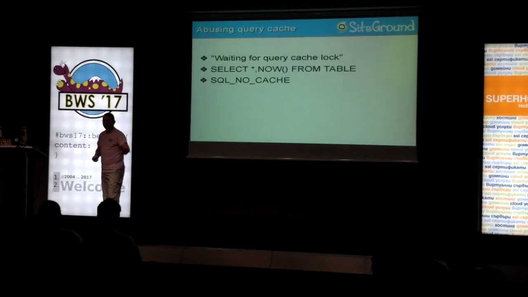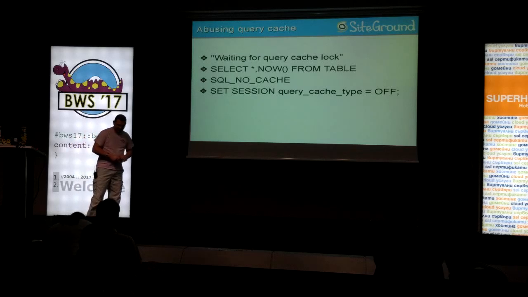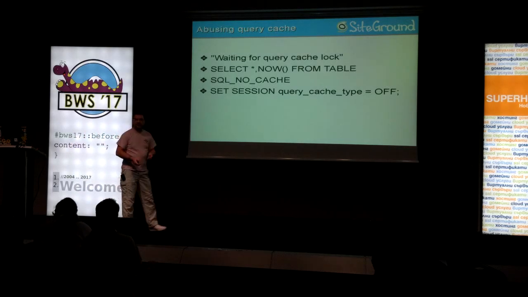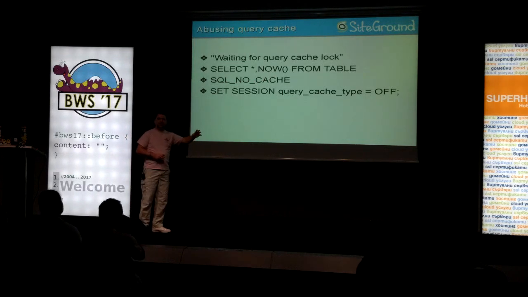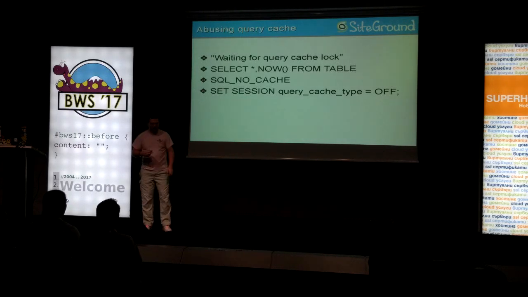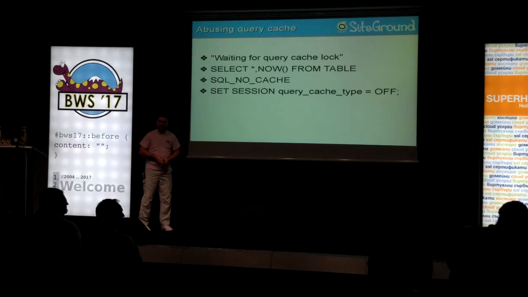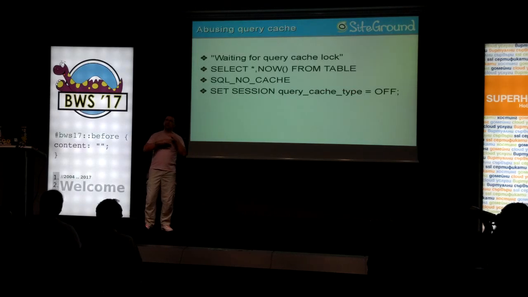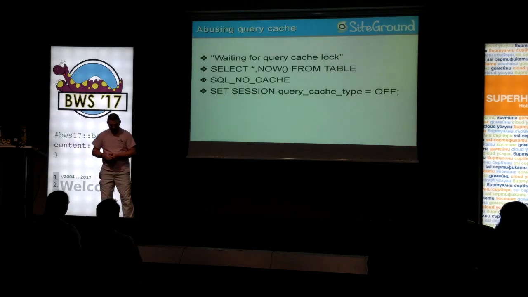You can optimize this very easily by adding only this thing. You don't need to change your plan for your query. You simply add this. Then you have to know that this option is per query. So this means that you have to change all of your queries. This is not very good. But you can apply it for the whole session by disabling the query cache type. So now when you have connected to MySQL, all of your queries for this connection will not be cached.